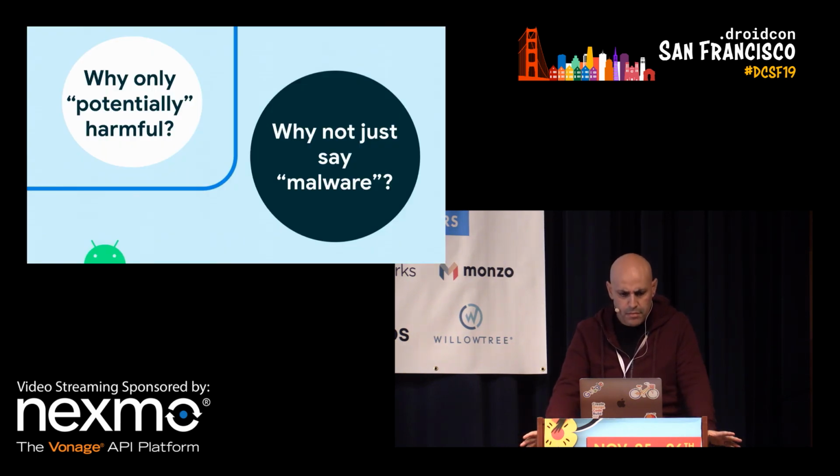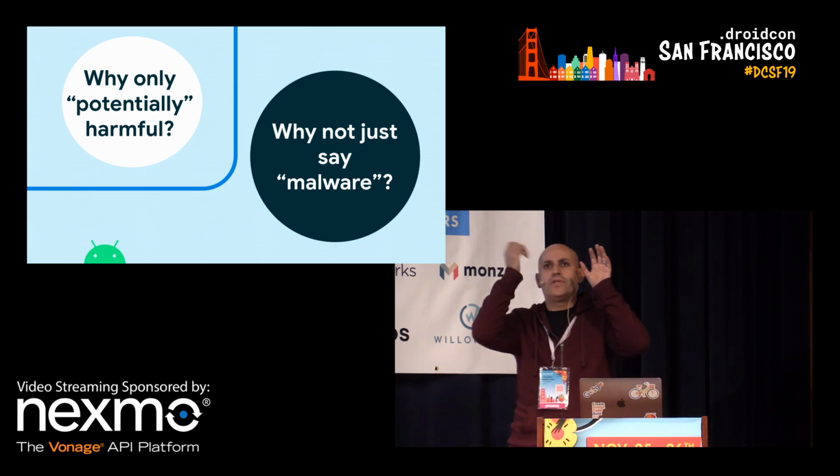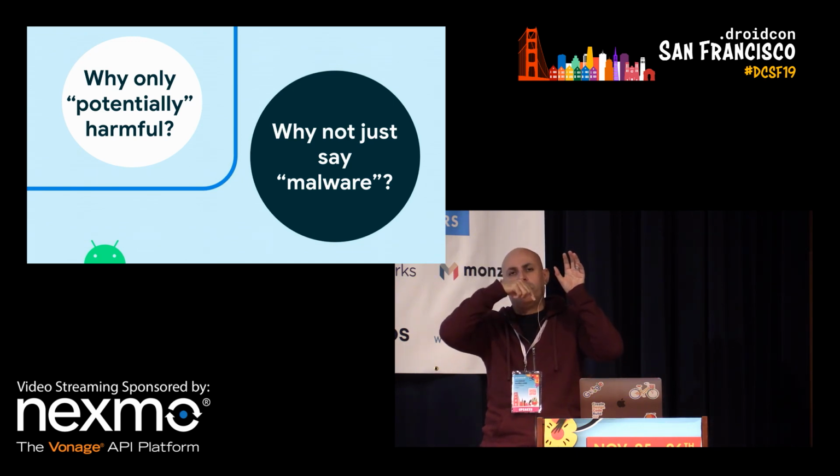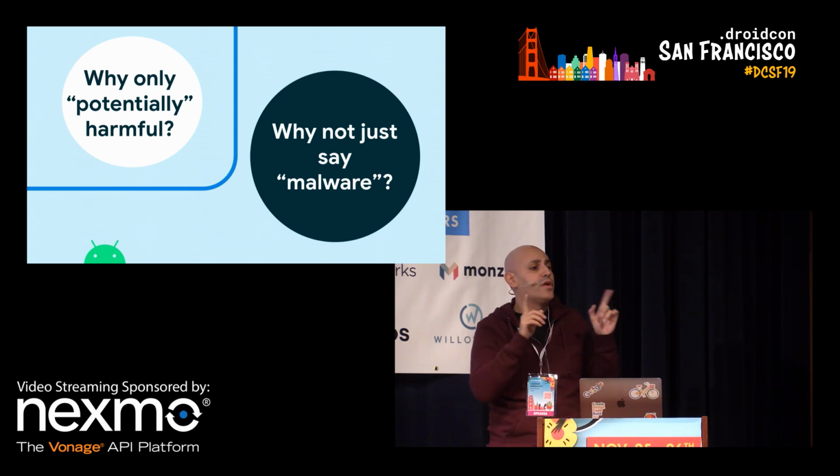Why do we call it potentially harmful and not malware? Why don't we just call all these applications malware? The main reason is because, as I mentioned, applications may be created with a positive intent. In the case of a rooting application, let's say KingRoot may be downloading exploits in such a way that it finds a way to get root on your device. That is not necessarily bad. It's bad when the user is not alert.